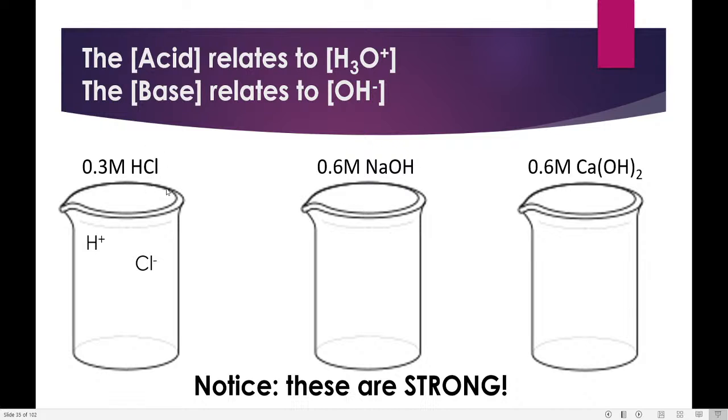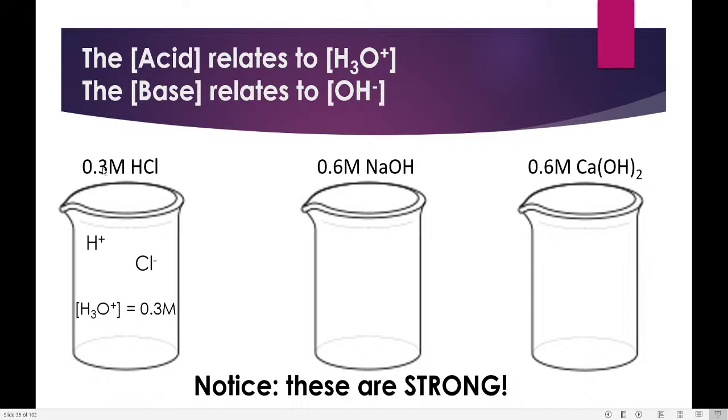It's strong. Okay, what if I put like 100 of these HCl molecules in there? Will they all break apart? Yes, because it's strong. Okay, well, if it all breaks apart, then there's 0.3 moles of H positive in this beaker. You follow that? If there's 0.3 moles of H positive, when that connects to water, isn't that going to make 0.3 moles of hydronium?